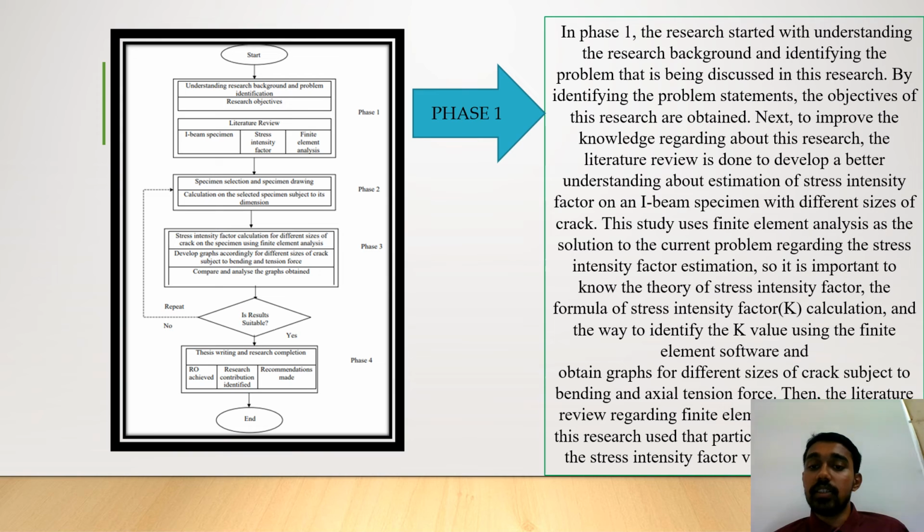So it is important to know the theory of stress intensity factor, the formula of stress intensity factor K. K is the symbol for the stress intensity factor, and the way to identify the K value using the finite element software and obtain graphs for different sizes of crack subject to bending and axial tension force.